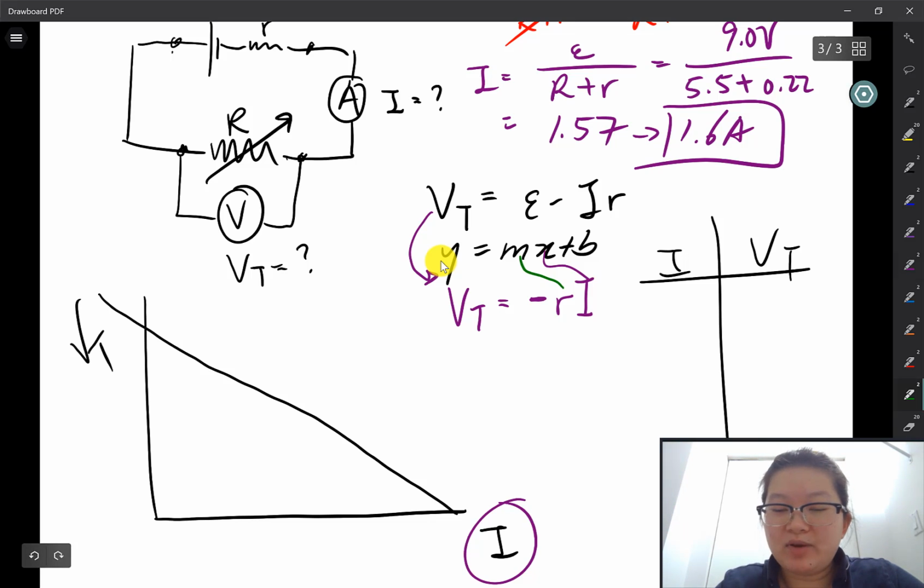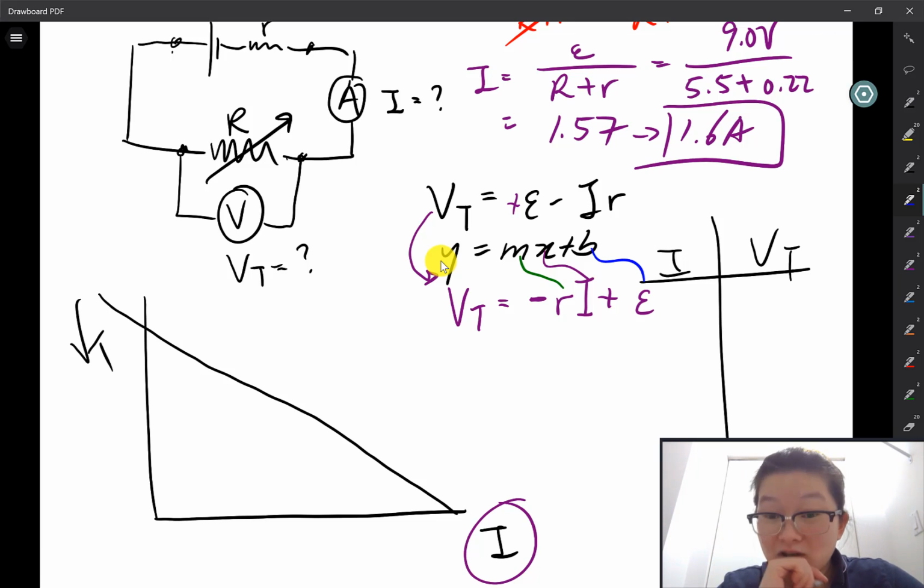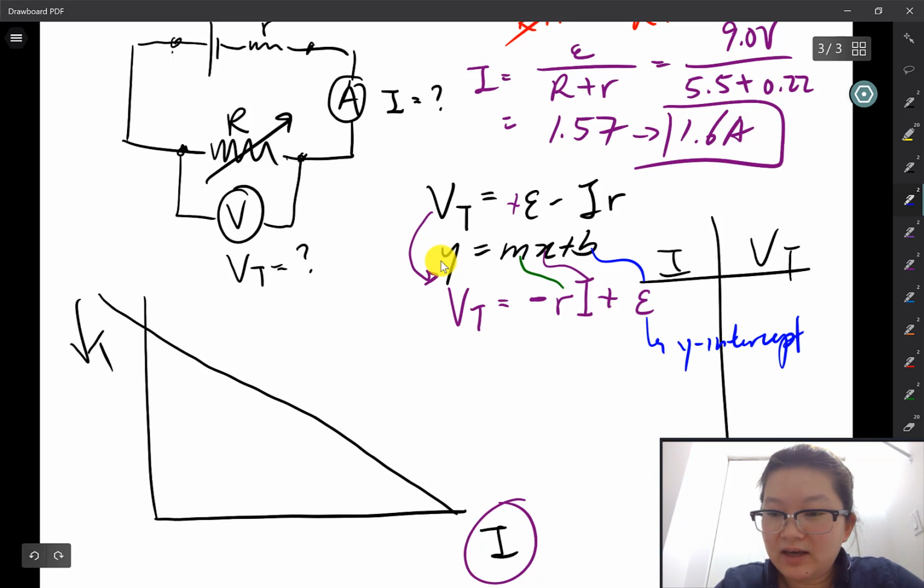And last but not least, don't forget this epsilon here, and imagine there's an imaginary positive sign. So we're going to add epsilon, which means epsilon here is like our y-intercept. Okay, so this guy is our y-intercept. And this small r here, well actually the minus r, is going to be our slope.